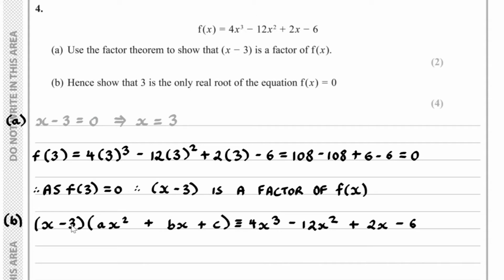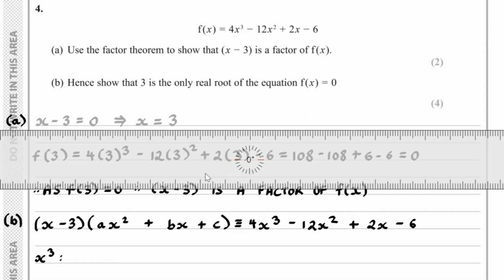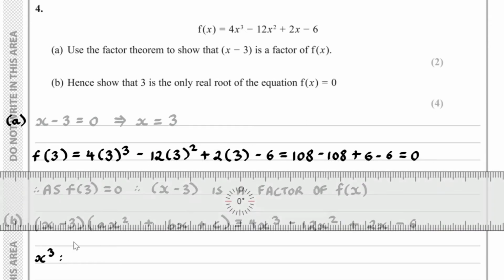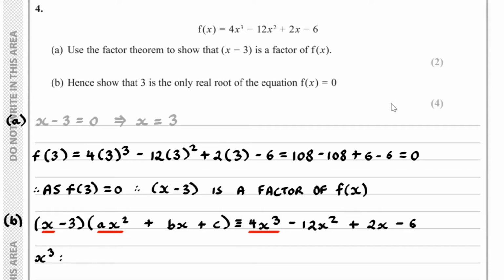We can now compare coefficients to find the values of a, b and c. If I compare the x cubed terms, then you can see x times by ax squared gives an x cubed term, and on the right hand side I have 4 of them.